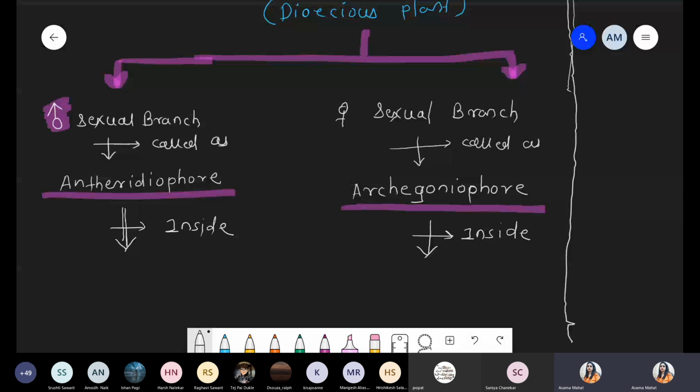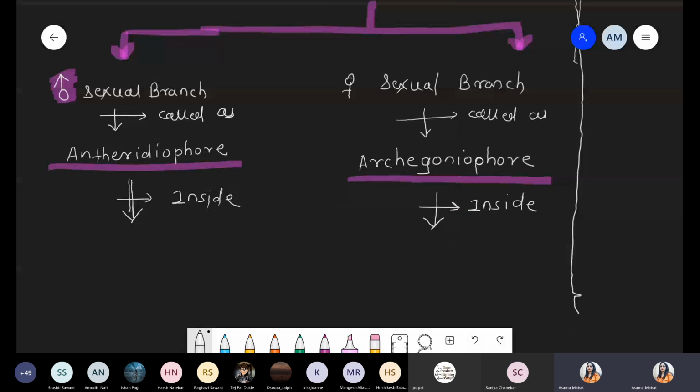Inside the antheridiophore there is a typical male sex organ, that is antheridium, and this antheridium is nothing but the male sex organ.